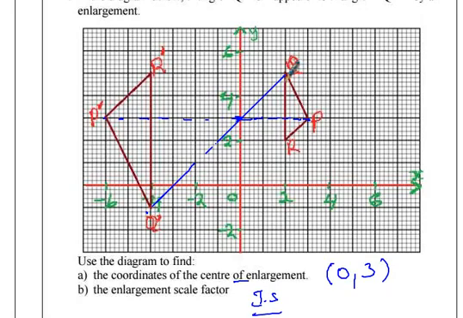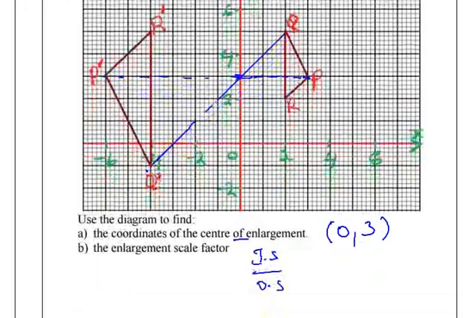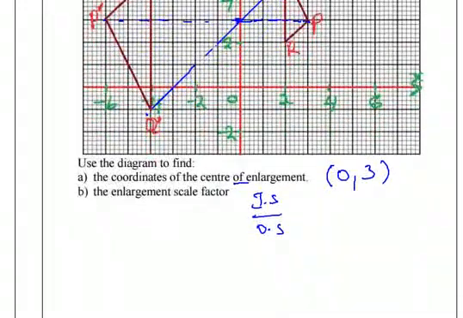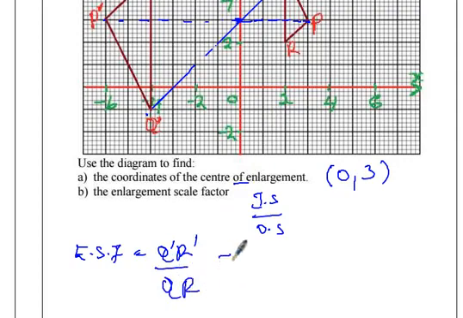But from this given diagram, when I look at this image, I can easily get the length R prime Q prime by simply counting the boxes: 1, 2, 3, 4, 5, 6. So I can use that. That means my enlargement scale factor is equal to Q prime R prime, divided by the corresponding side on the other side, which is QR.